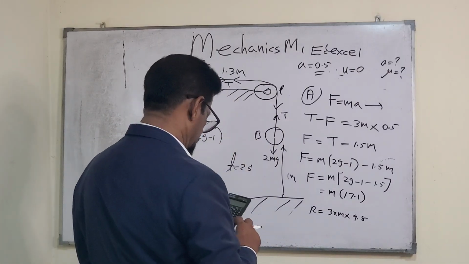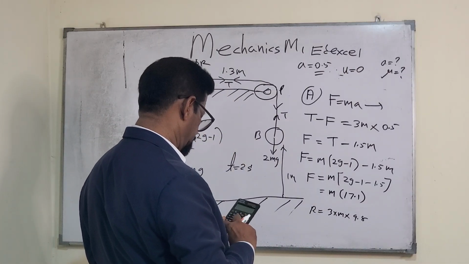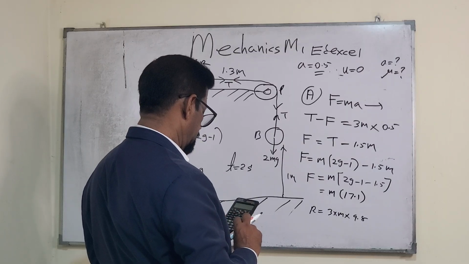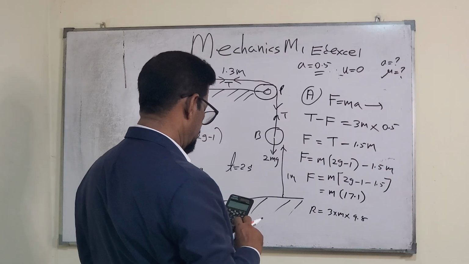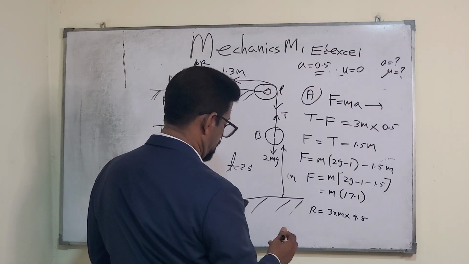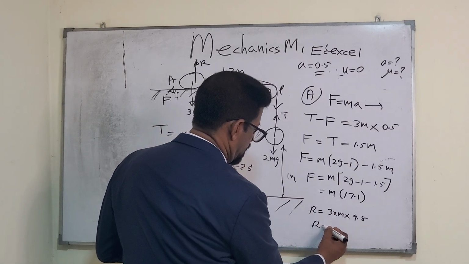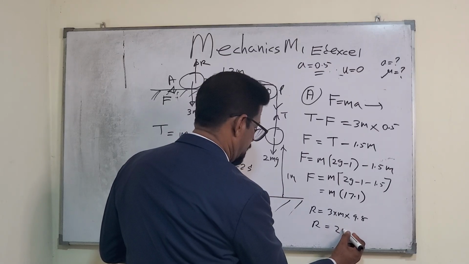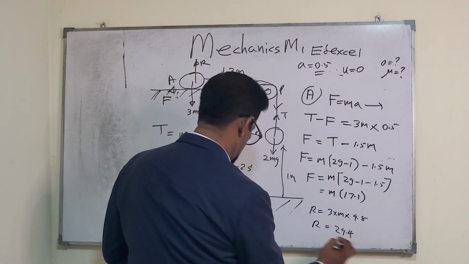So the normal reaction is 3 times 9.8, which is 29.4. So R is 29.4.